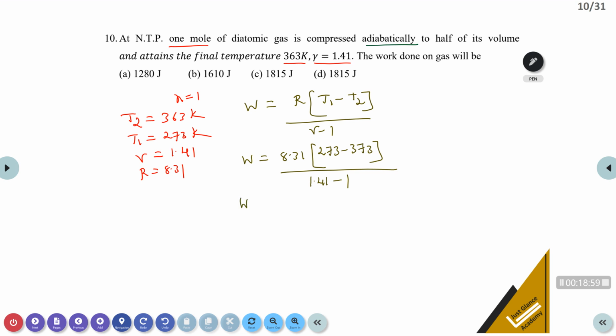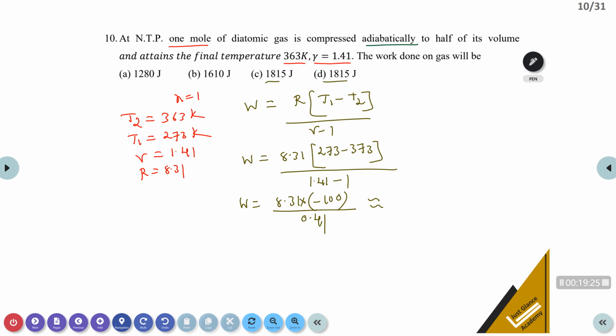Then work done equals 8.31 into minus 90, because the minus sign represents that work is done on the gas, divided by 0.41. By simplifying, you get nearly 1815 joules.